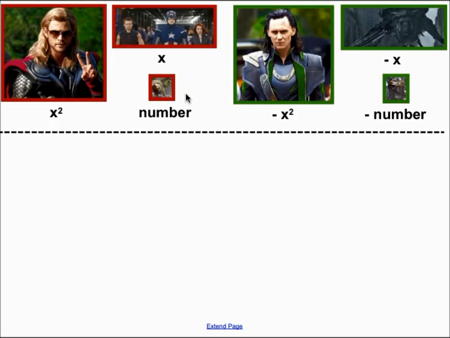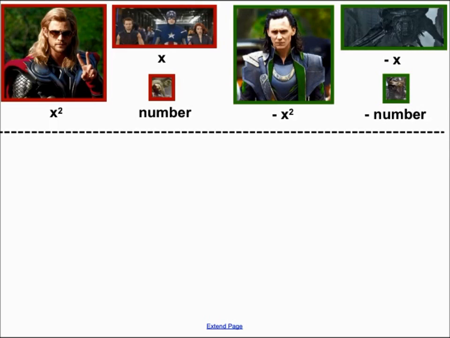Now, all these good guys are positive terms, okay? Positive x squared, positive x, positive numbers. Now, these bad guys over here are going to be negative. You know, they're just bringing everybody down. They're negative. So Loki here, he's minus x squared. This big guy is minus x, and the Chitauri are going to be minus numbers.